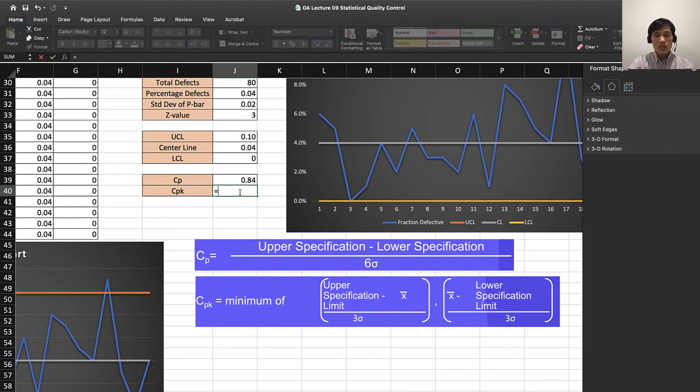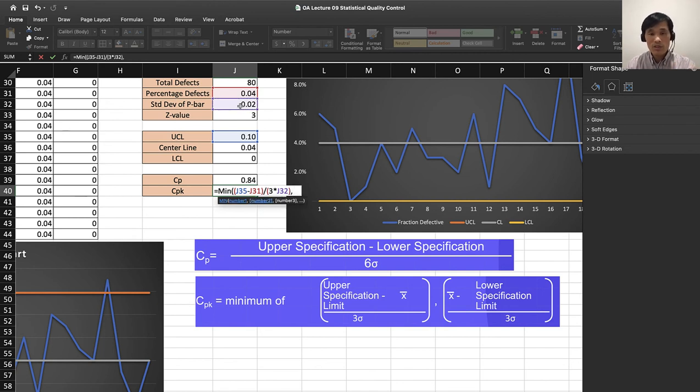What about CPK? We need to see whether it's centered or not. And CPK equals minimum. So we start with a minimum, and the parentheses, upper specification minus center line divided by 3 times sigma. So you have to use parentheses again for 3 sigma. 3 times sigma is 0.2 and comma.